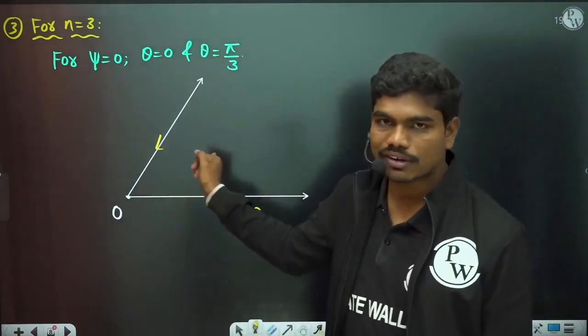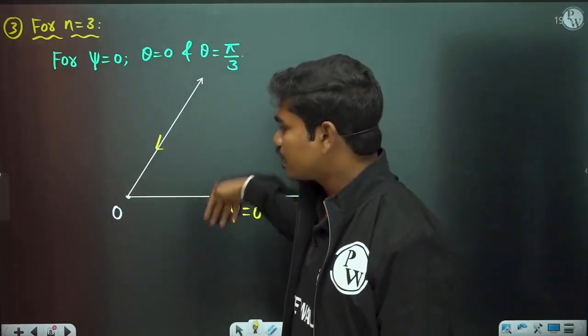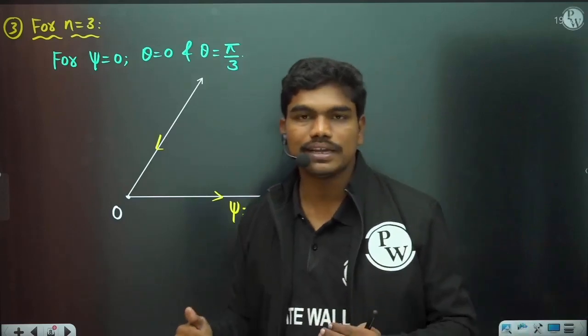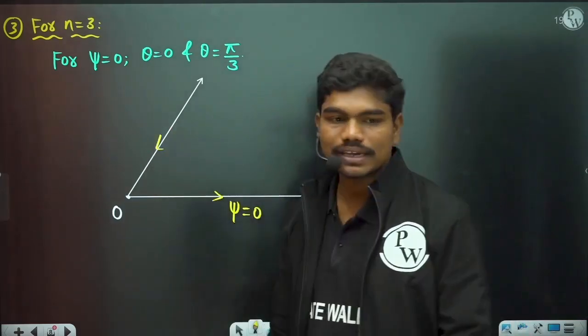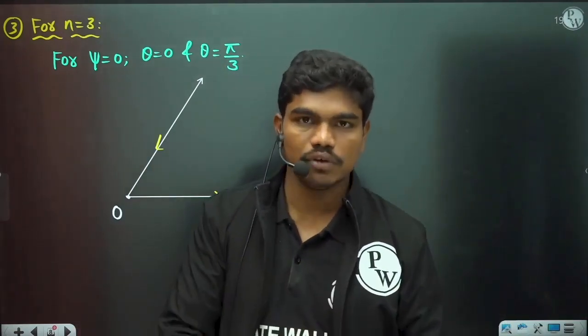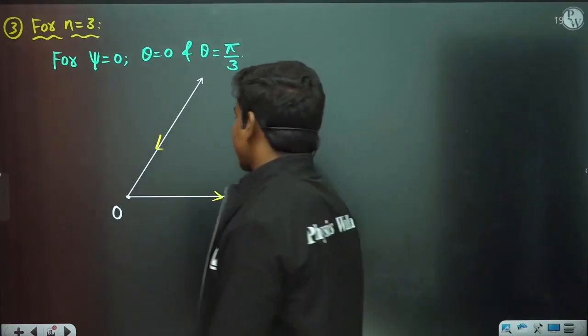Fluid cannot cut the streamlines, so there cannot be any flow across this line. So even though there is only liquid in actual condition, we are assuming that there is some solid surface, because practically flow cannot enter this. That's why this is called flow in a sector. This situation is ideal to flow in a sector. Clear? Fine.